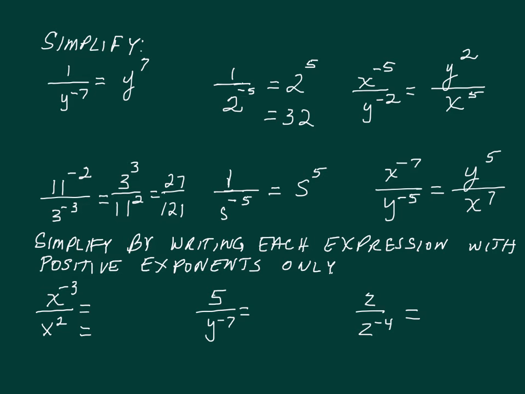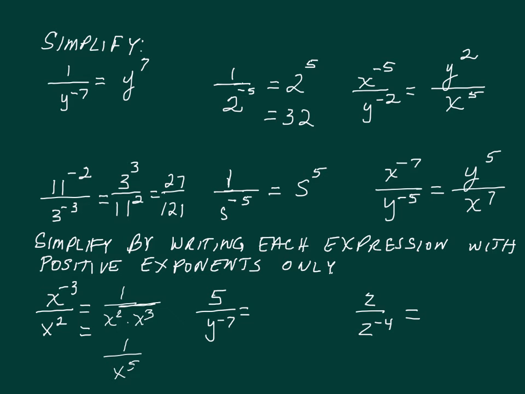So I can look at it as 1 over x squared times x to the third. Notice what I did. I just brought my x to the negative 3 down as x to the positive 3. And still we get one over x to the fifth as our simplified expression.